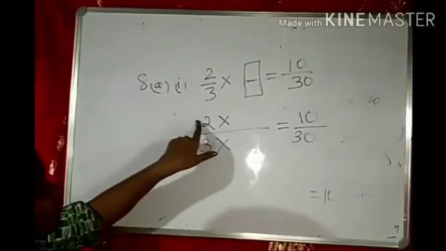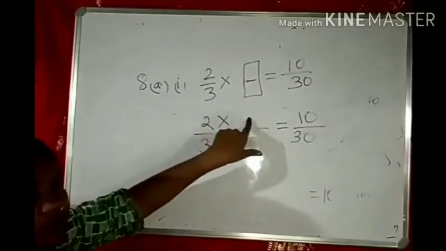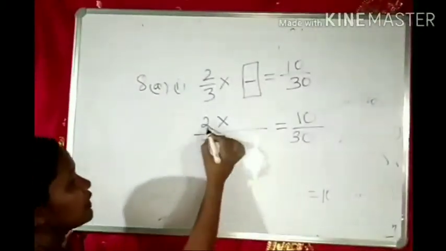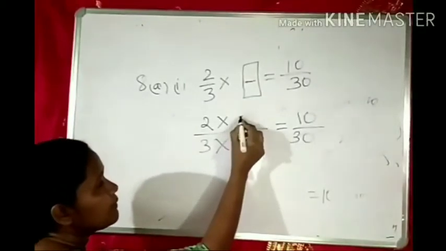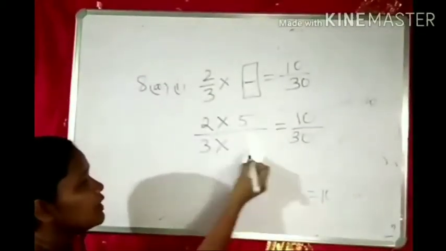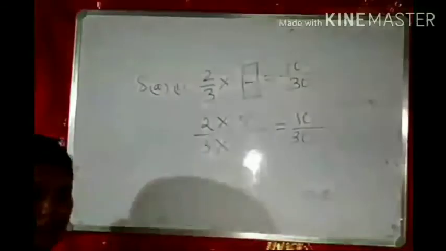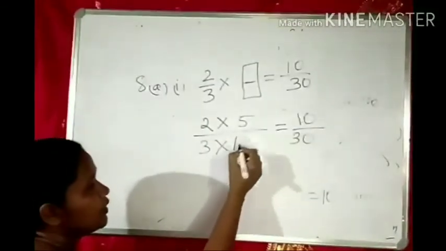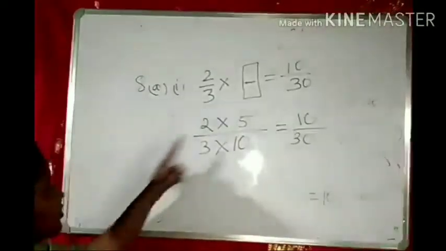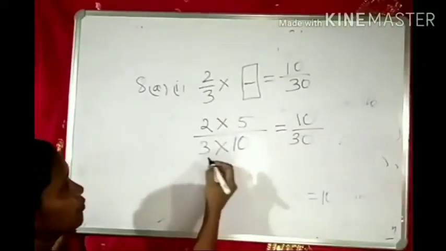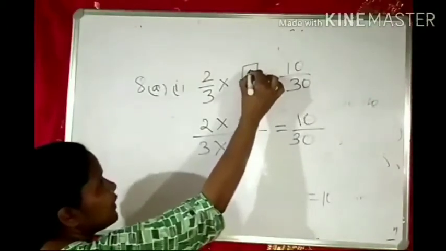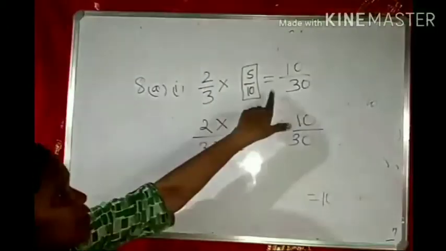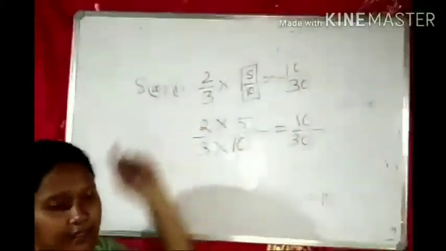If you multiply numerator with numerator, you will get the numerator of the product. So 2 into 5 is 10. Denominator into denominator is the denominator of the product. So 3 into 10 equal to 30. So you can mention it here in the box. Answer is 5 by 10. So 2 by 3 into 5 by 10 equal to 10 by 30.